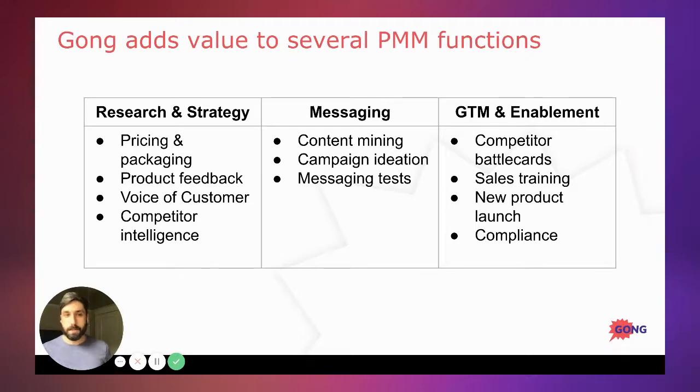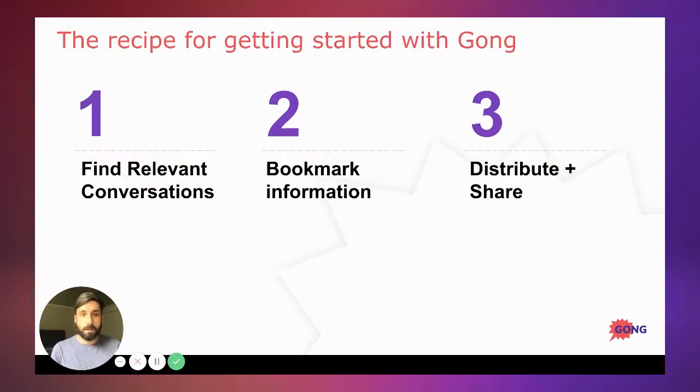There are so many use cases that Gong can help you with. And I think it's really easy to get lost in all of the various things you can do. So what I'll do next is share with you my quick recipe for getting started with Gong. Everything starts with finding relevant conversations and customer interactions.